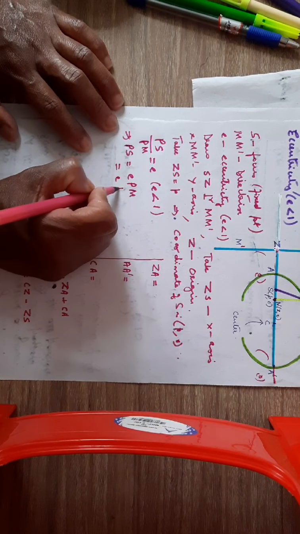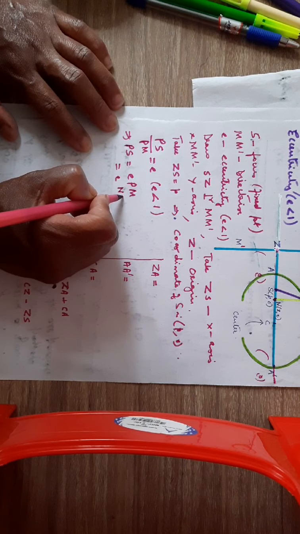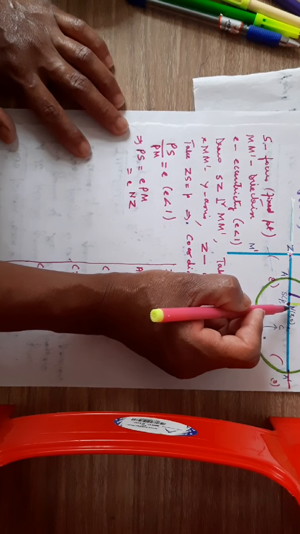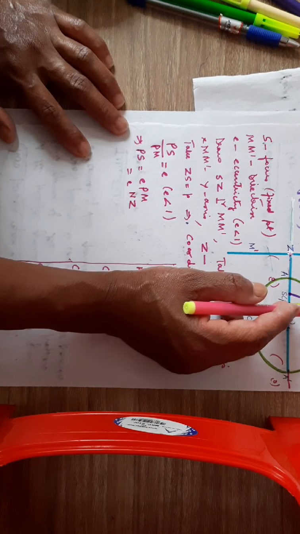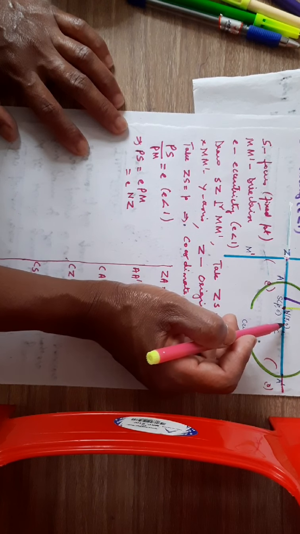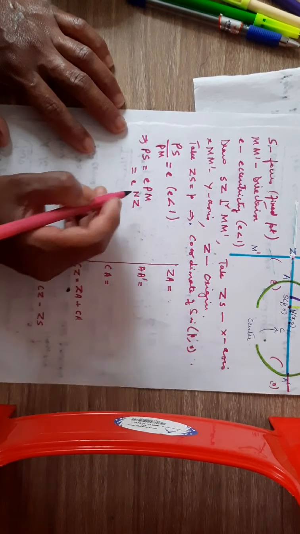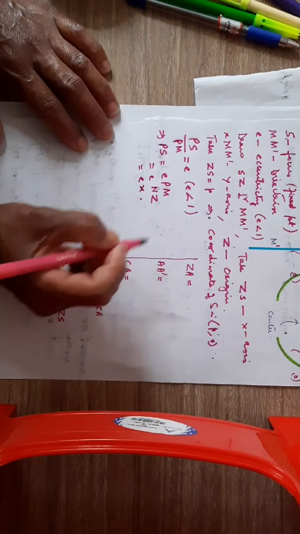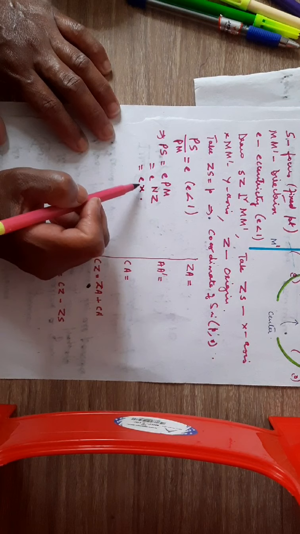Since I've taken the coordinate of P as x, the coordinate of N also will be x, but the y coordinate will be 0. So therefore, this will be equal to e times x, so on this side it will be ex.